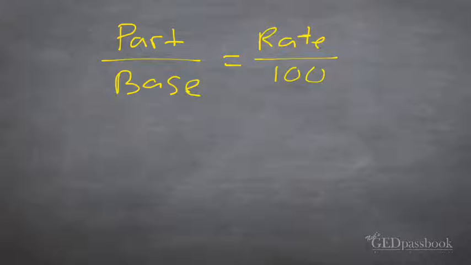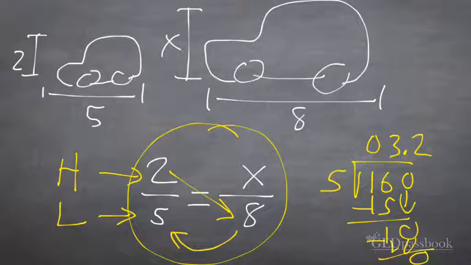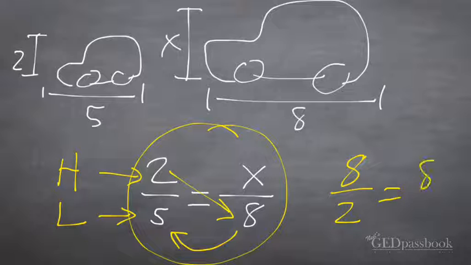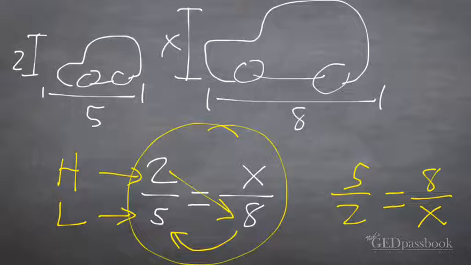So if we noticed, going back to our traditional proportion problem, if you guys really wanted to, you could write the 5 over 2 as long as the 8 goes up top and the x goes below, right?